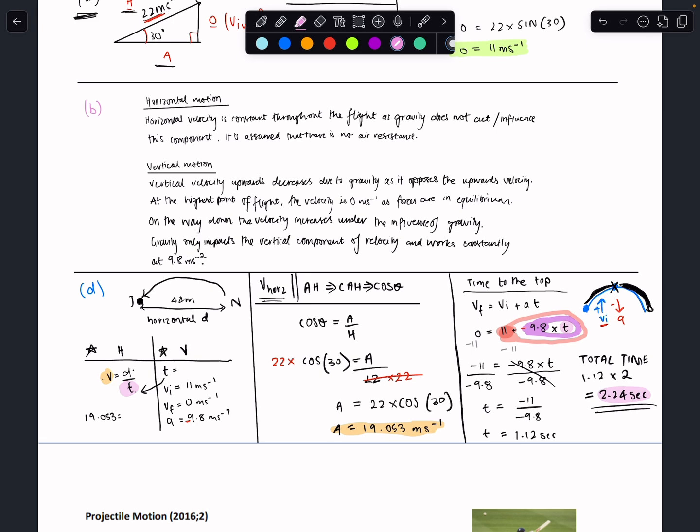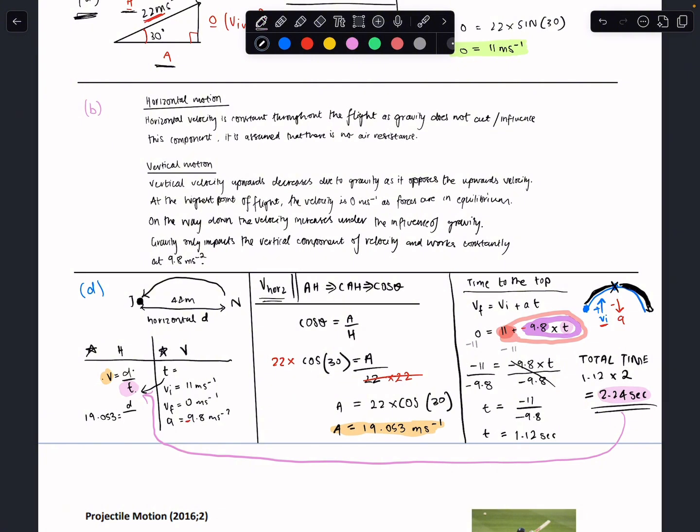So now what we can do is we can take this time value and plug it in to this equation over here. Now we have more information to work out the horizontal distance.